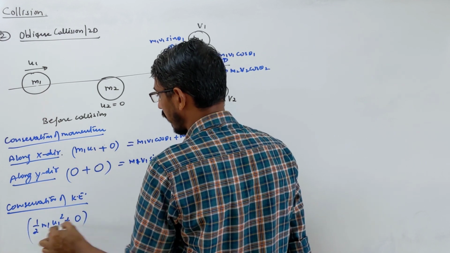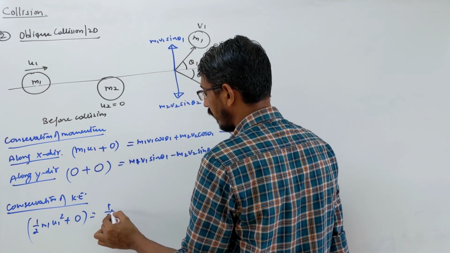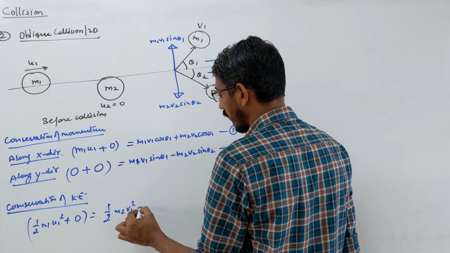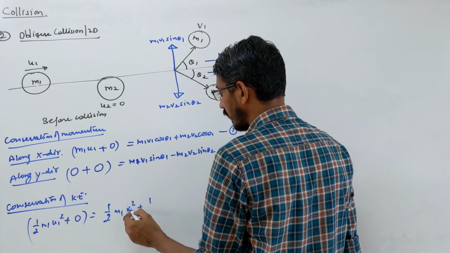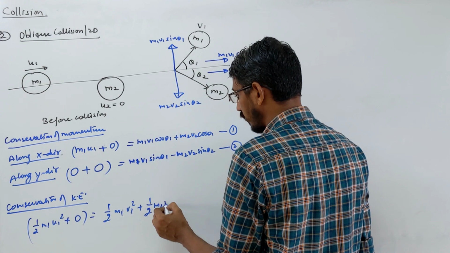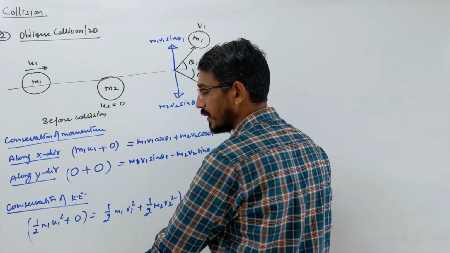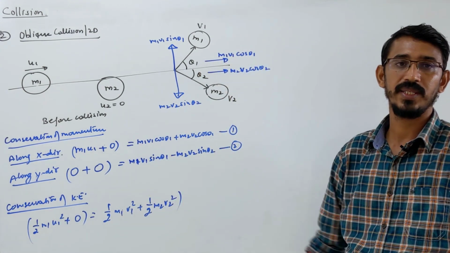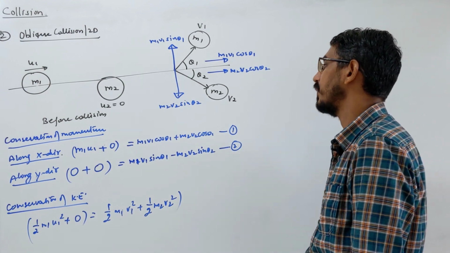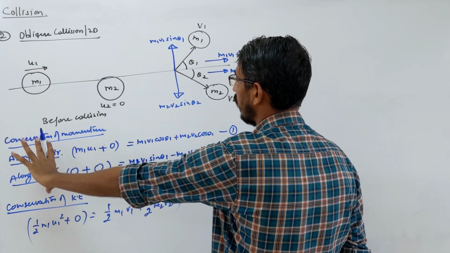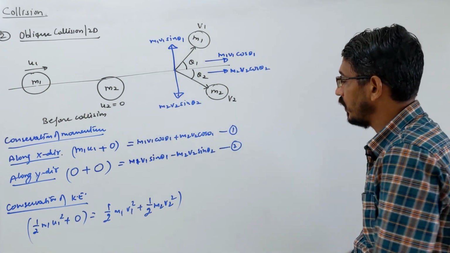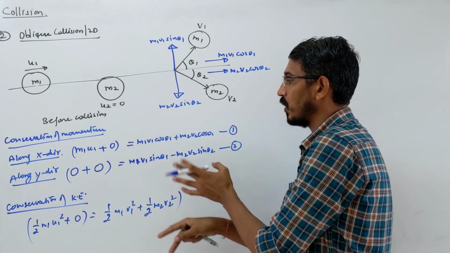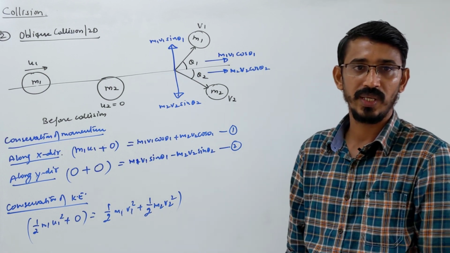The final is half m1 v1 square plus half m2 v2 square. No problem in this, it is the same as last time. You don't need to worry about components. Components are written only for conservation of momentum, along the x direction and the y direction. These are the only equations we have to solve all the problems, no other special formulas.